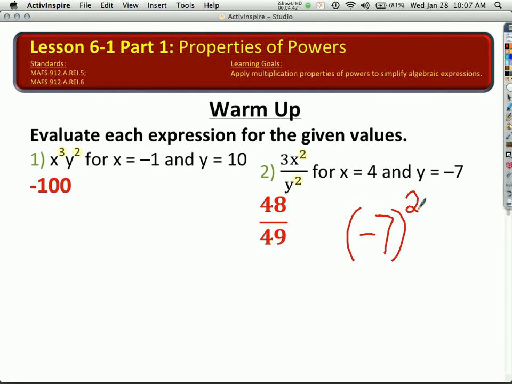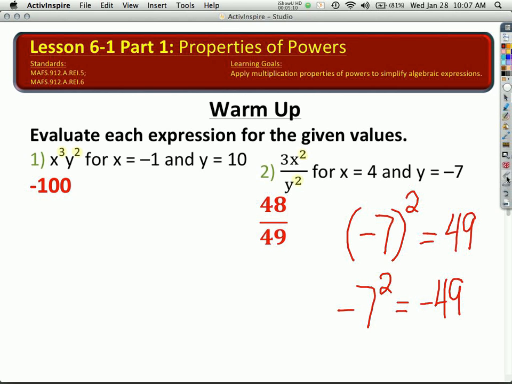There is actually a difference between this, and I'm not going to get into the difference right now. It is something that you will explore later on. But there is actually a difference between these two things. This actually equals 49, and this actually equals -49. But for our purposes, for what we're going to be studying, we're just going to be dealing with this. Okay? Very good question.